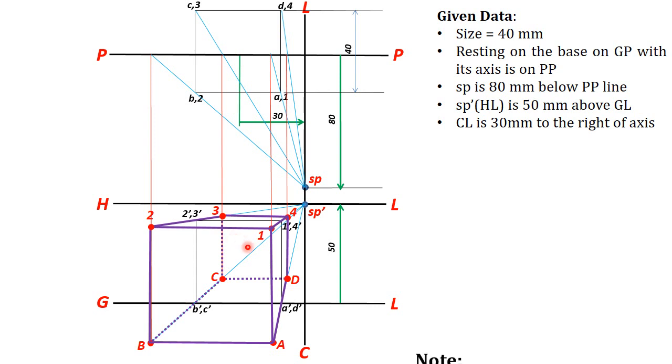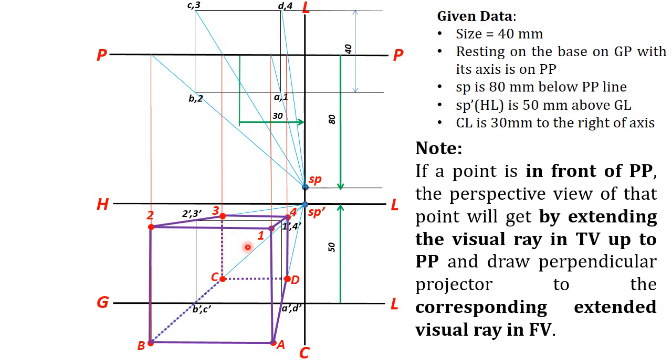Now the point to remember here is, if a point is in front of PP, the perspective view of that point will be obtained by extending the visual ray in top view up to PP, like this. Then draw a perpendicular projector to the corresponding extended visual ray in front view, like this.